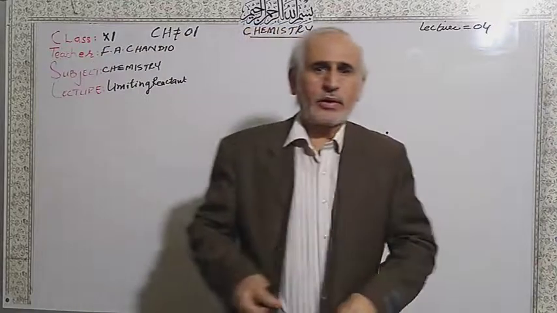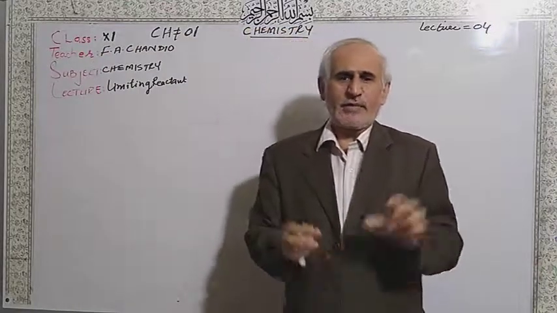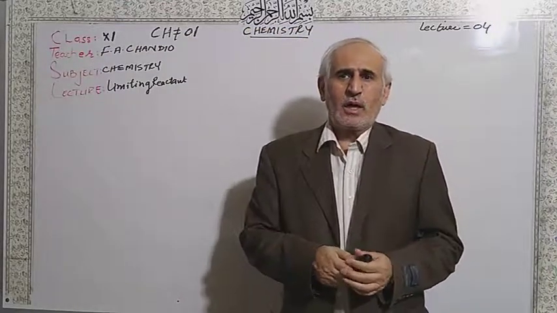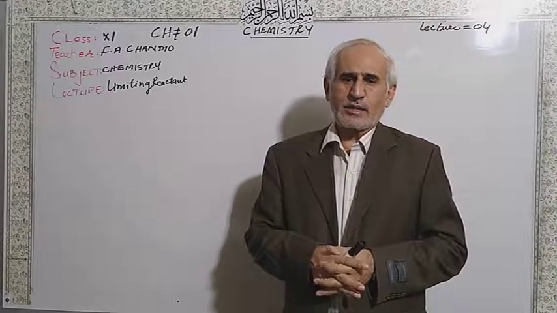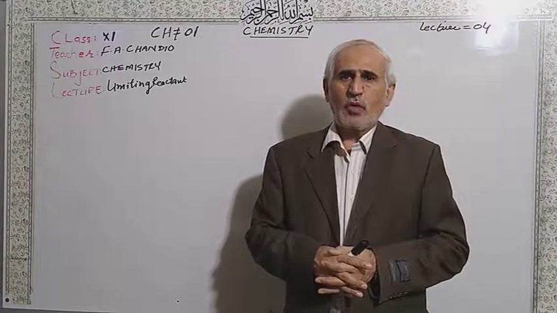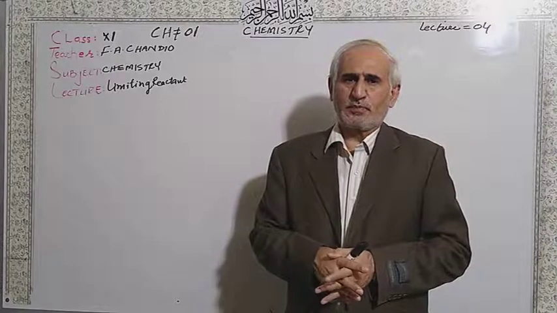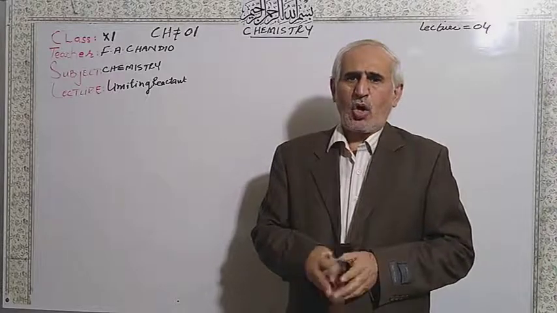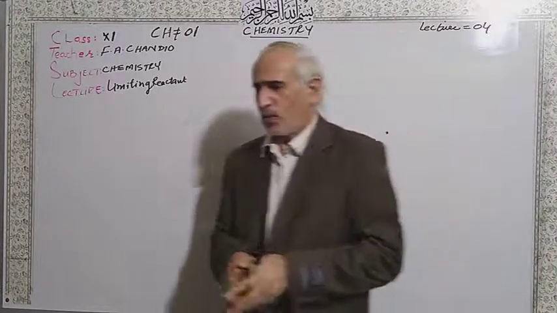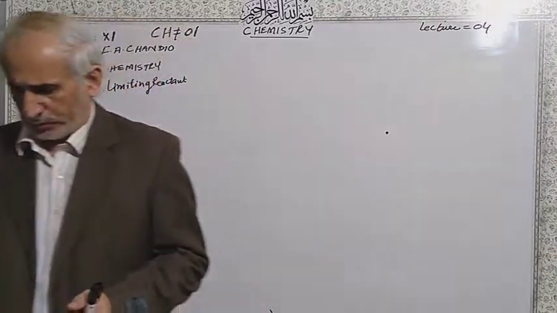Dear students, before starting limiting reactant, there is a very simple topic you did in the lower classes. How do we calculate the percentage composition? One example is given in your book.